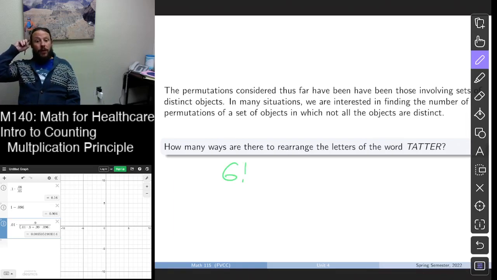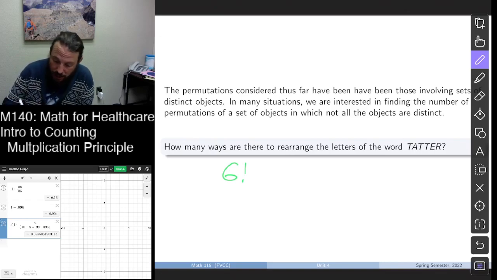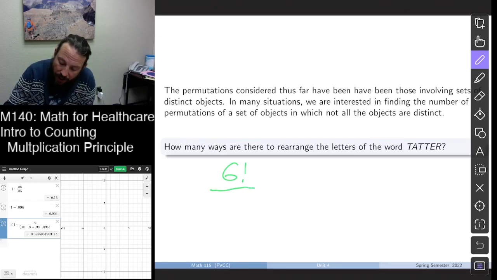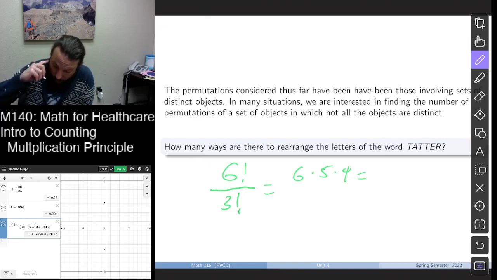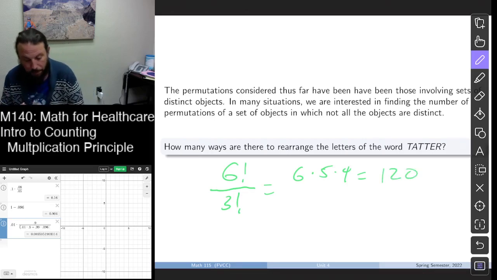However, if we're not considering the t's distinct, we've got to divide out by that, and here we have 3 t's that are repeats, so you divide by 3 factorial. This is 6 times 5 times 4, which gives me 120.